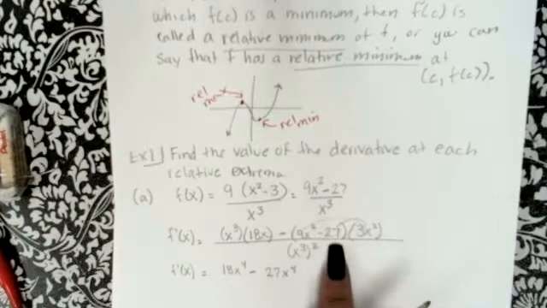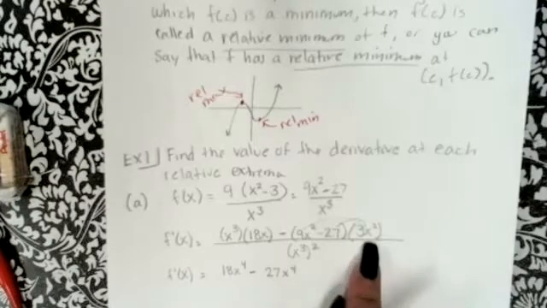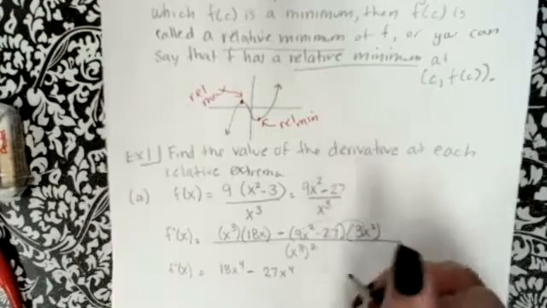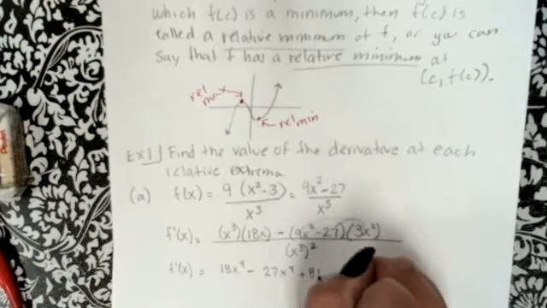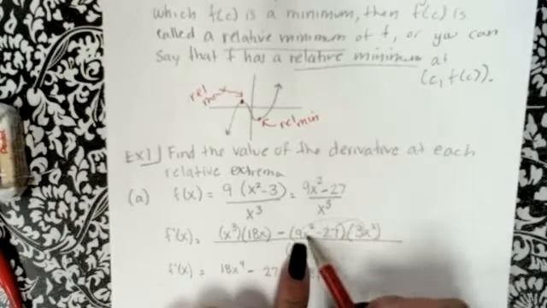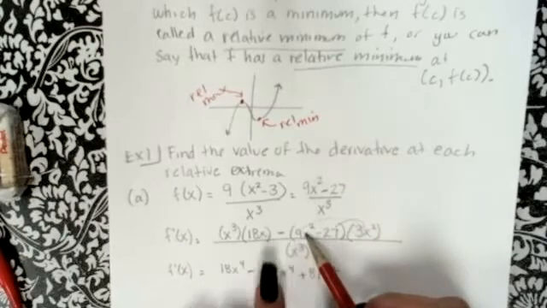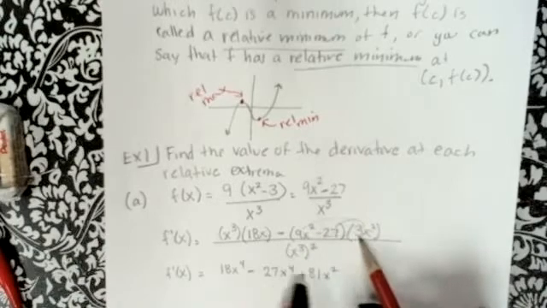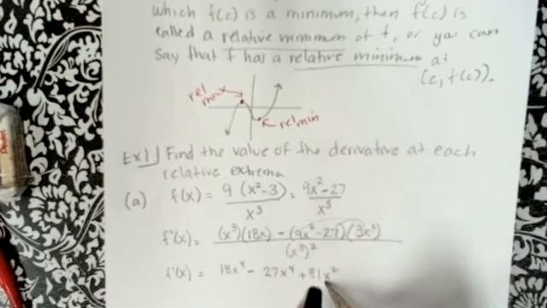And then 27 times 3 is 81. So that's going to be a positive 81, because the negative times a negative makes that a positive 81.